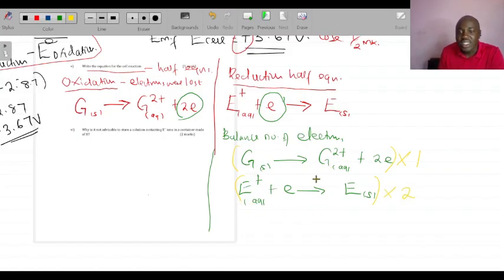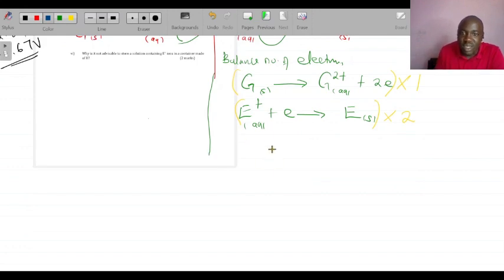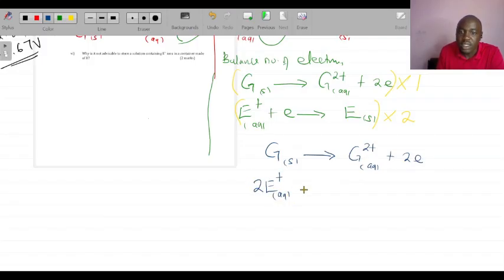So with that, what becomes of our equation? G remains the way it is. It is G solid becomes G2+ aqueous plus 2 electrons. Then we shall have 2E+ aqueous plus 2 electrons to give us 2E in solid state.